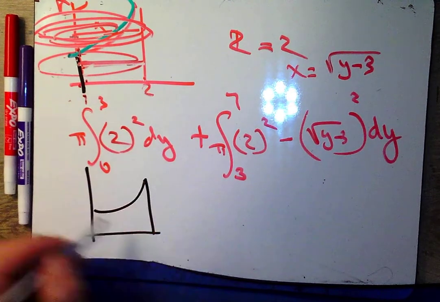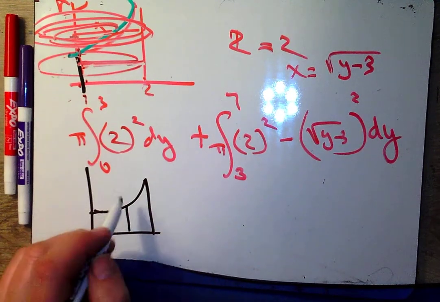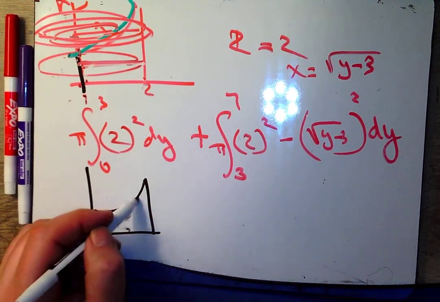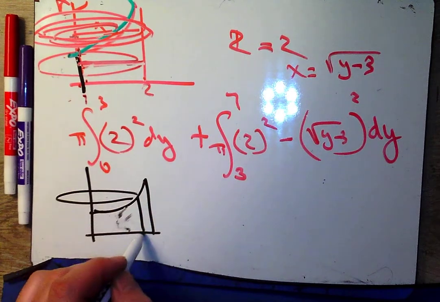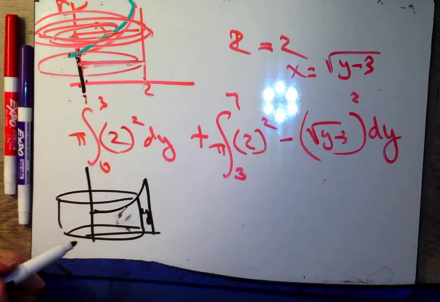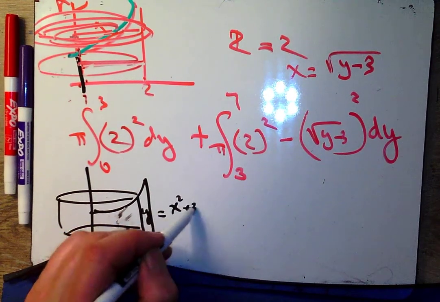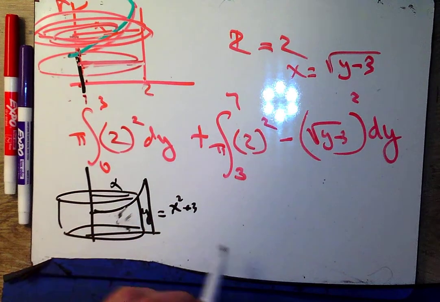Let's see. So, my shell. I draw something parallel to the axis of rotation. And there we go. It looks like the height is my y value, also known as x squared plus 3, and my radius is x.